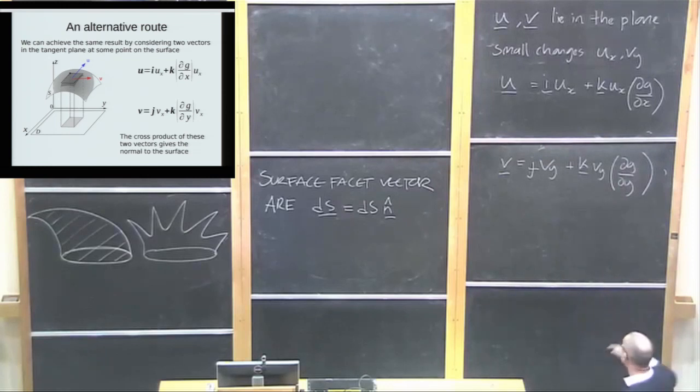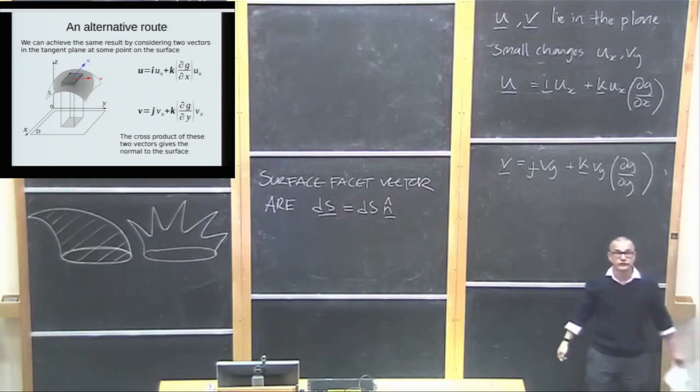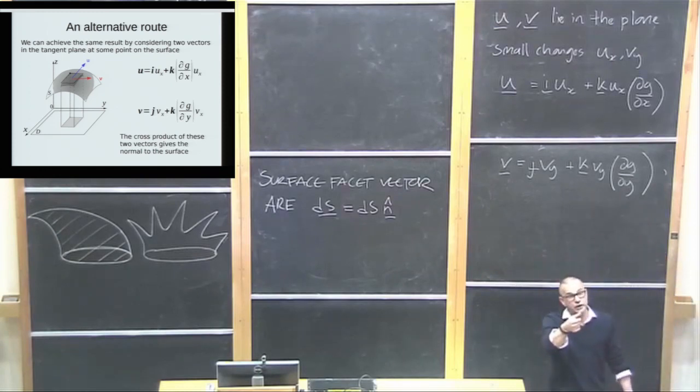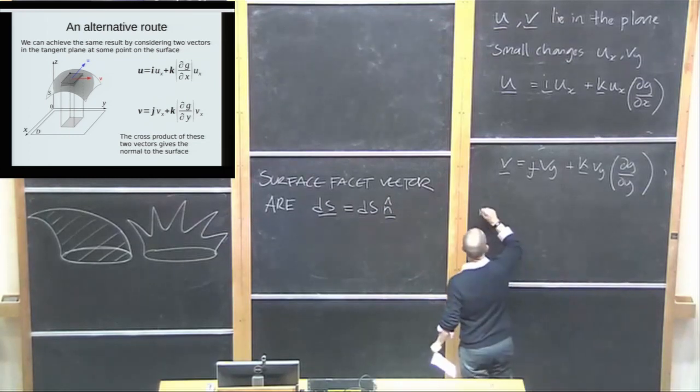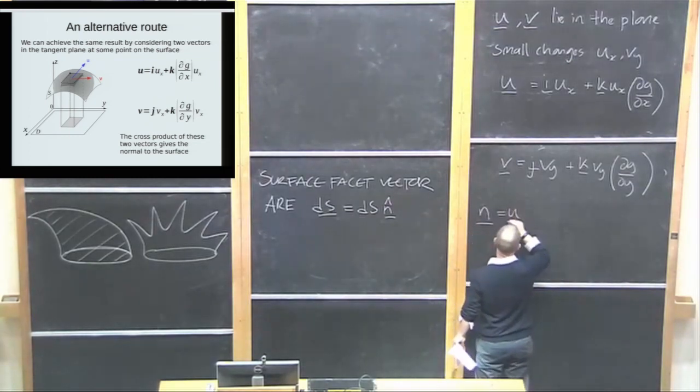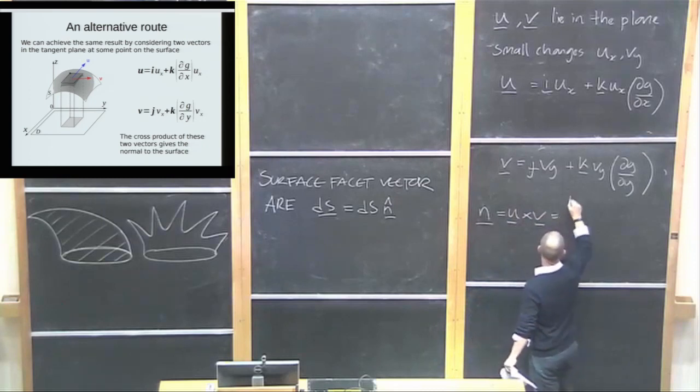So I now have two vectors which are in the plane of my surface. One route to get a normal is to take the cross product of those two vectors, which will give me a normal to the surface. So a normal to this surface is u cross v.